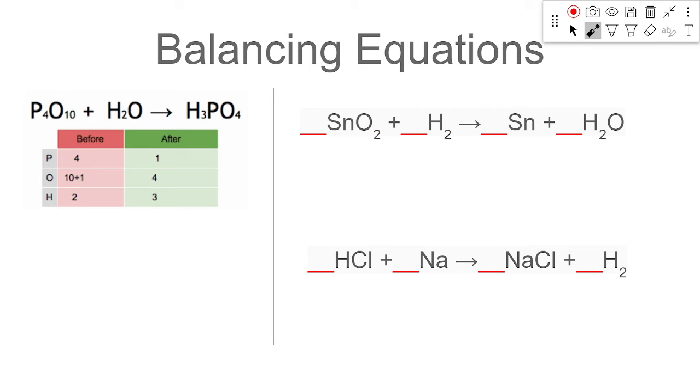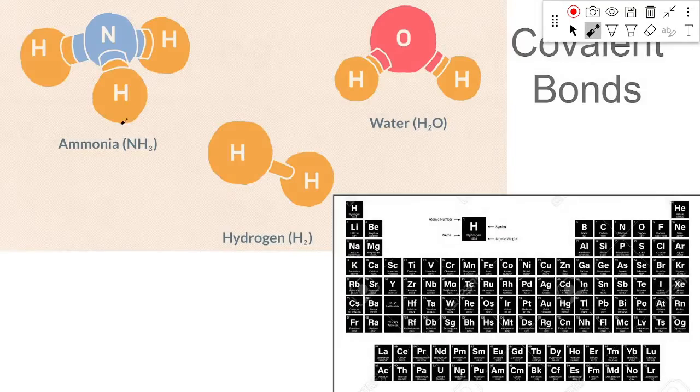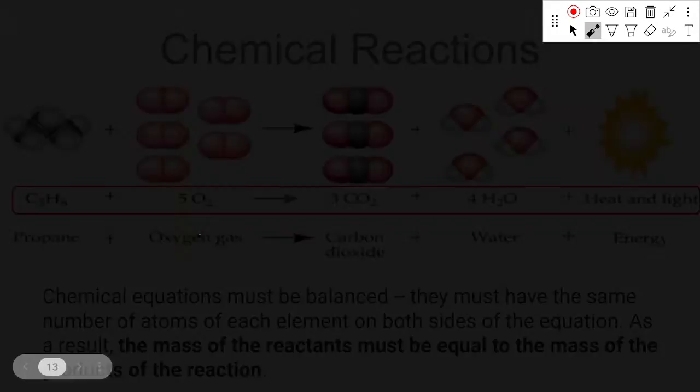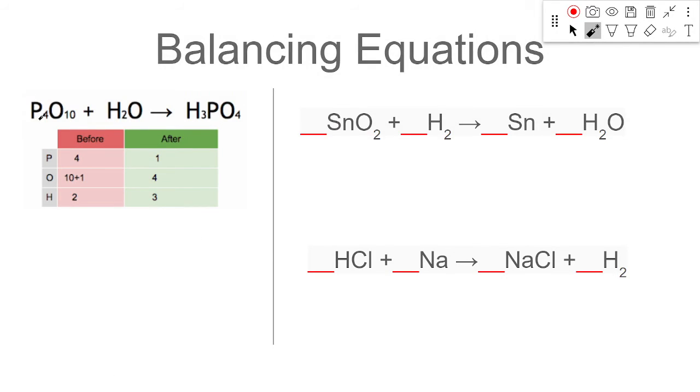Now we could go over here and look up P. We know this is oxygen. We know that's hydrogen. See if I can find P is right there. It's phosphorus. So I've got this phosphorus with oxides on it, but there are 4 phosphorus atoms, 10 oxygen atoms, 2 hydrogen atoms, plus 1 more atom of oxygen there.